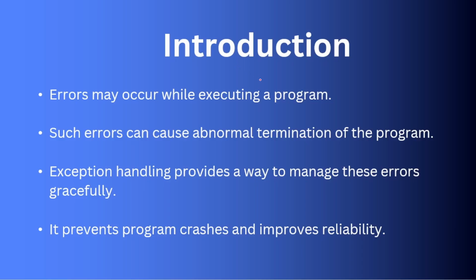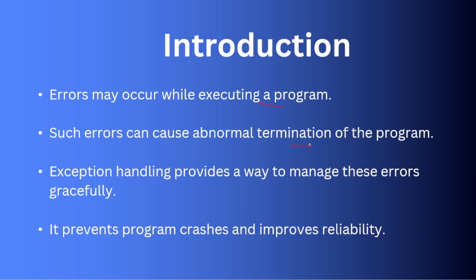Introduction. Errors may occur while executing a program. So whenever a program is run in a computer, there are chances that it might encounter errors, right? Because a program while running will be interacting with multiple databases, opening and closing files, performing great computations. So there are chances that something might go wrong in between. Such errors can cause abnormal termination of the program, right?